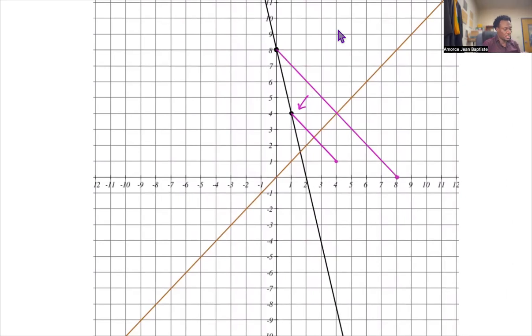See, same distance. Now I can connect these two dots to create the line. And I expect them to meet on the y equals x line.